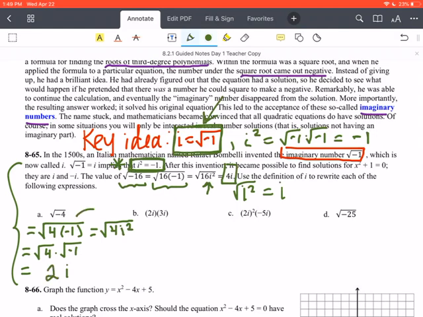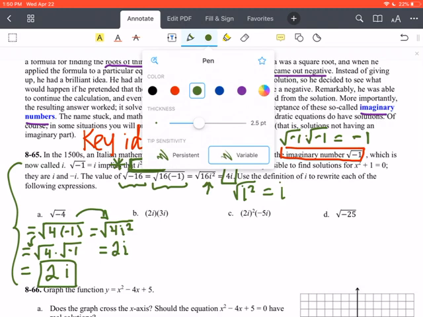Now, if we continued with the first path, what is the square root of 4? 2. What's the square root of i squared? i. So either way, you're going to get to the same answer, but I want to show you both ways. So 2i is what I would expect. That is equivalent to the square root of -4.